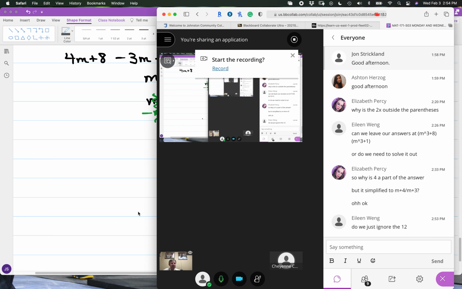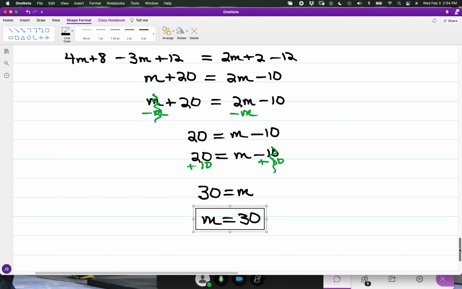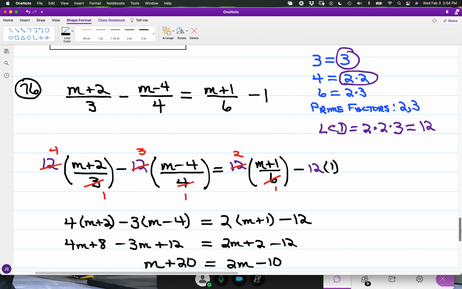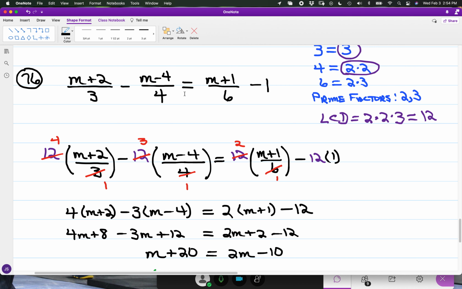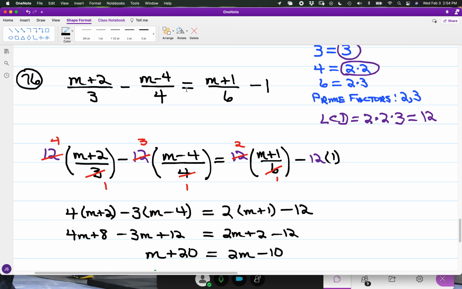Yes, so what you would do, because what you're going to do in the case of the 12, like before, if I didn't have the equal sign, and I had everything added together, I would have had so many twelfths minus so many twelfths, plus or minus so many twelfths, and then minus 1, that would be converted to negative 12 twelfths, if the only thing I could do was combine the fractions.